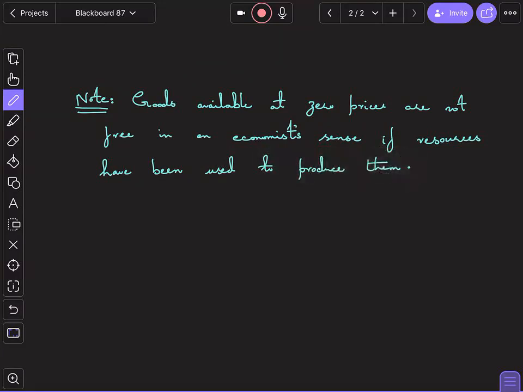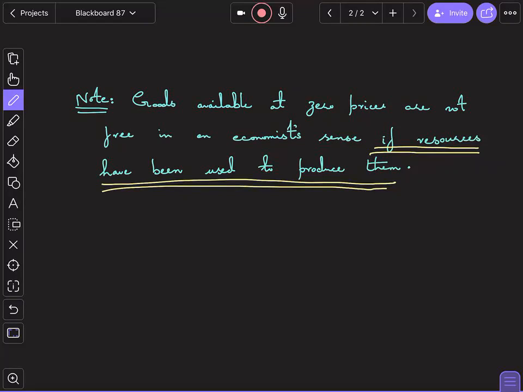So if you are using your resources on producing those goods, then those goods will not be classified as free goods. So remember this: if resources have been used to produce those goods, if you are using your scarce, limited resources on the production of certain goods, then those goods will not be free.